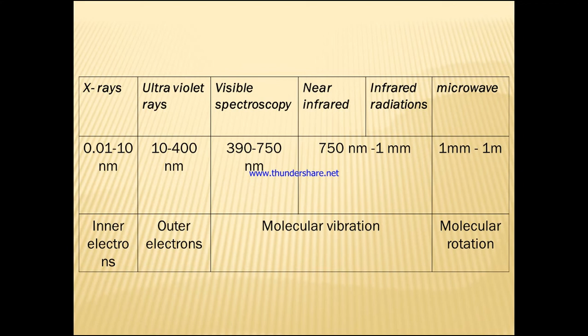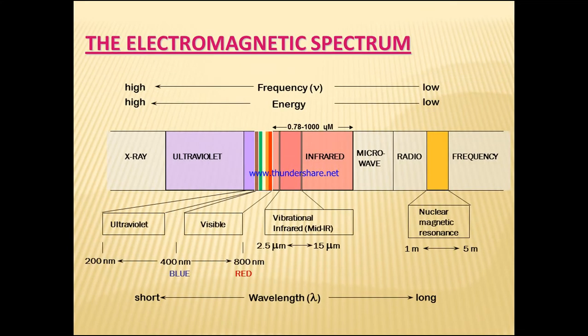These all work based on the movement of inner electrons, outer electrons, or molecular vibration or molecular rotation. Based on these, the processes work here. We can see here, when we see the X-ray, ultraviolet, infrared, microwave, radio wave frequencies, all these depend upon the frequency, its energy, and its wavelength.